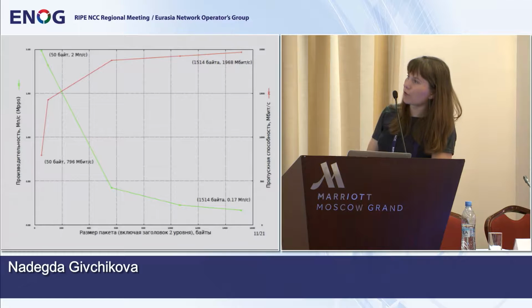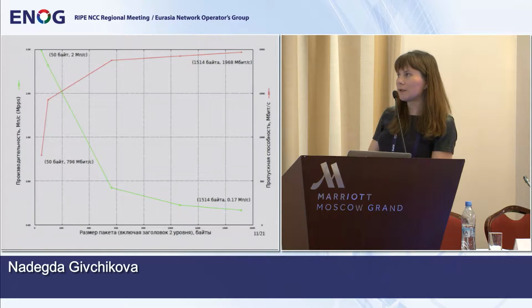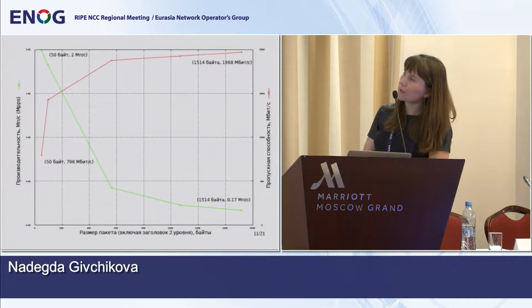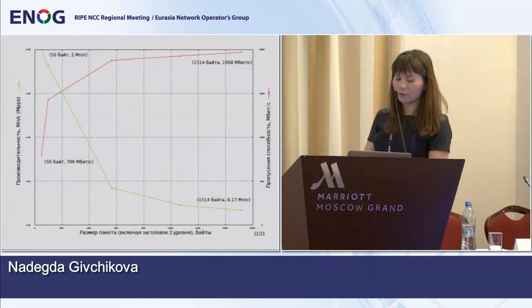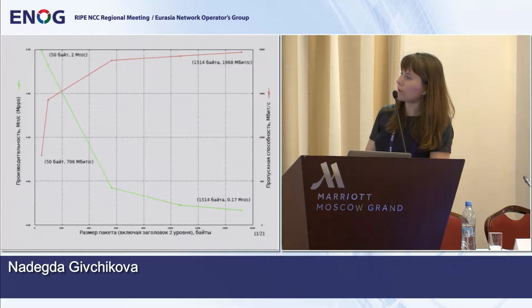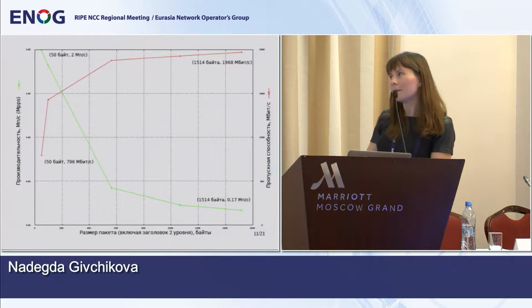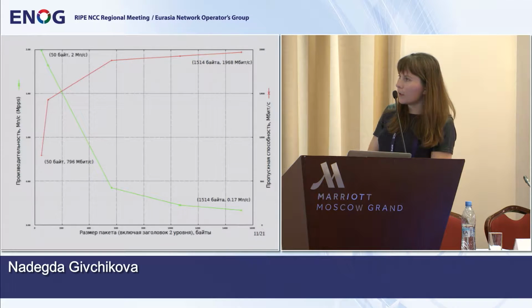The first test, I don't know how well you can see them. Test 1 was done on a physical router. We had 5 tests with different parameters, with different packet size. The packet size affects the result to a great extent, and we see that at the maximum size of the packet, we get the maximum throughput, which is comparable to the physical interface.